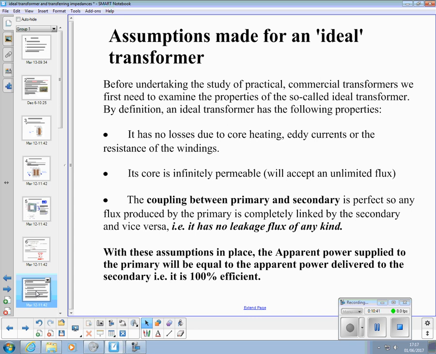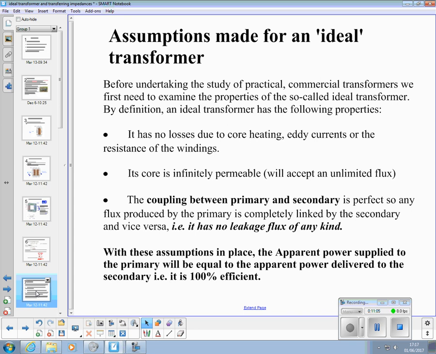Its core is infinitely permeable, i.e., while you keep adding flux, it will take it. There's no limit to the amount of flux you could apply to that iron core. Again, in reality, that isn't true.